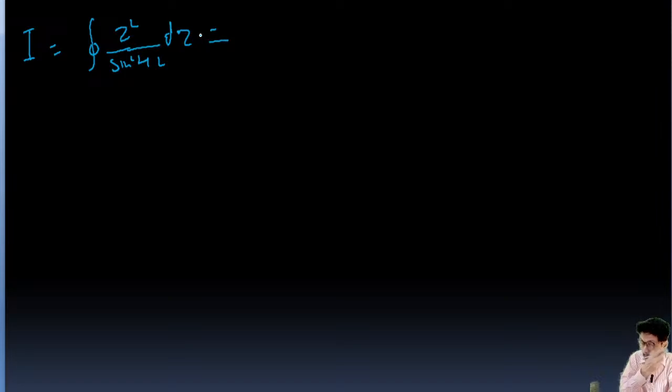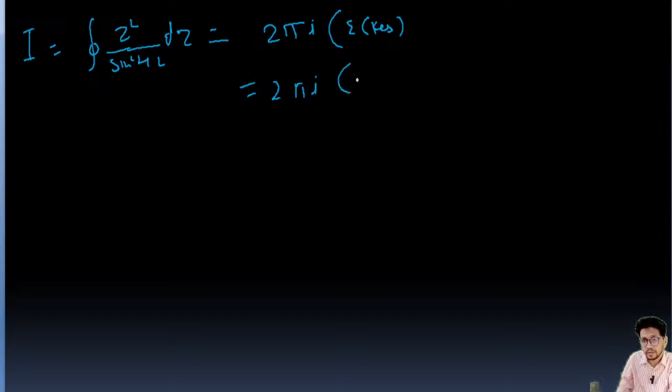So now we know how to find the integration value. The closed integral I of z square upon sine square 4z dz, anticlockwise, is 2 pi i times the sum of residues. The residue at z equal to 0 is 0, and the other is pi by 32.